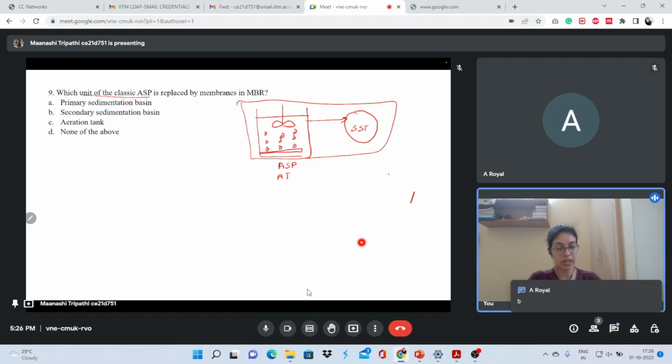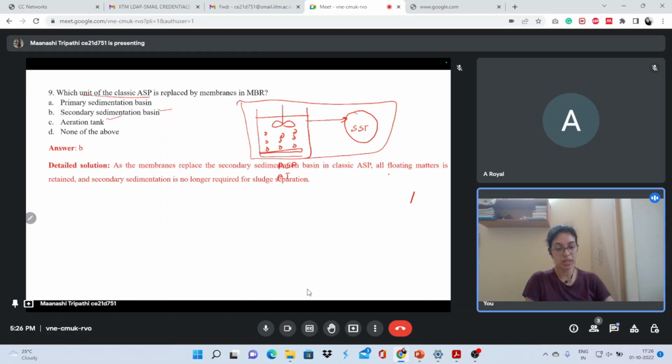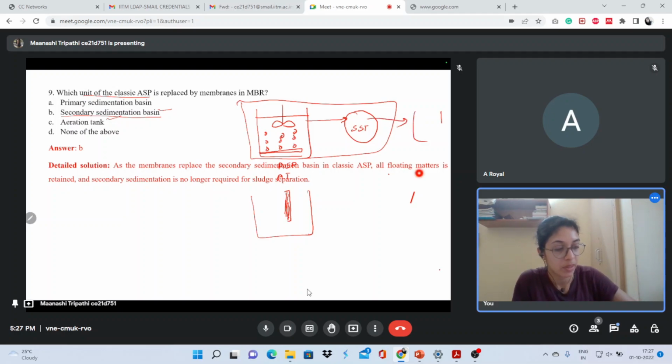The primary sedimentation tank is not there at all. The secondary sedimentation tank is there, the aeration tank is there. So we'll see. The answer is B, secondary sedimentation tank. In the aeration tank itself or just outside the aeration tank, we will put our membranes. In the secondary sedimentation tank, what was happening? The particles were separating, right?